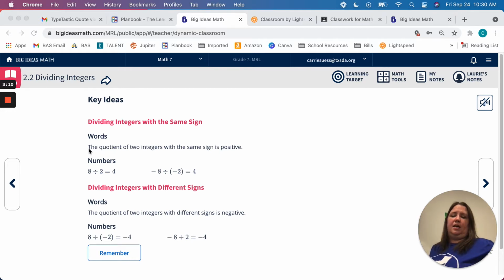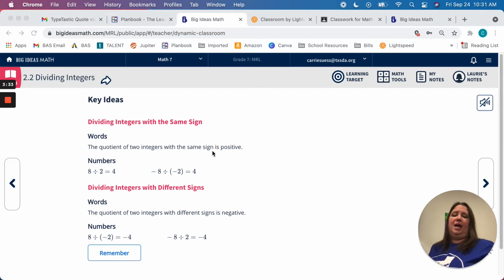So, in this case, they're saying the quotient of 2 integers with the same sign is positive. So if I have 2 numbers that are being divided and it's a positive divided by a positive, what's my answer? Positive. If I have a negative divided by a negative, what's the answer going to be? Positive.